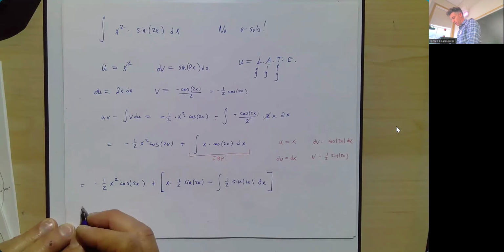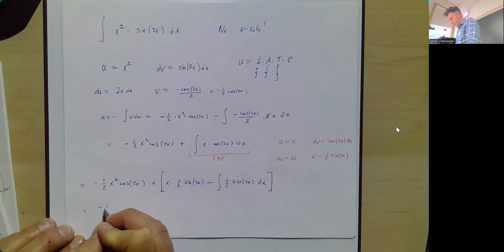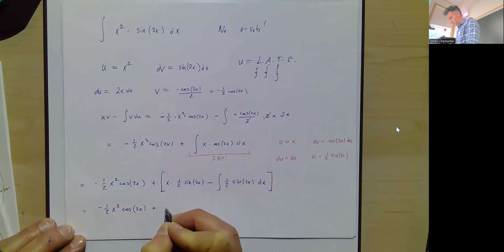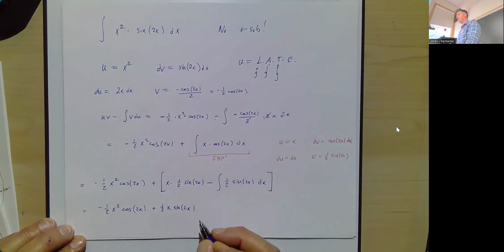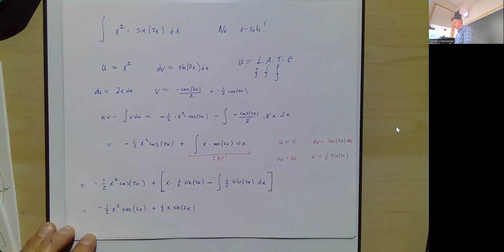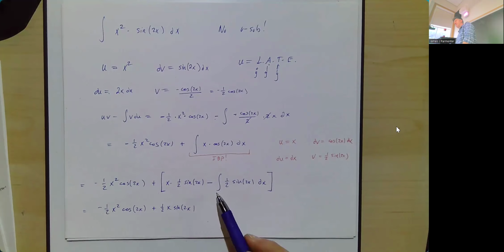So we're going to be getting the whole shebang: negative 1/2 x squared cosine of 2x plus, I would write this as 1/2 x times sine of 2x, minus, let's be careful before I write the minus sign here. What's the antiderivative of sine? Negative cosine. So I don't really want to write minus cosine.